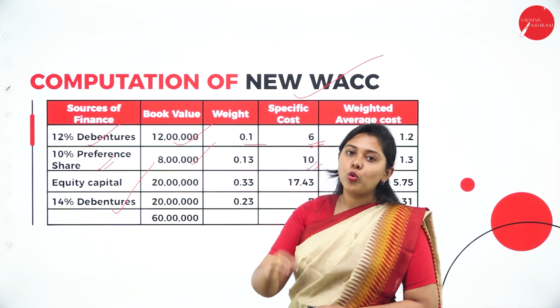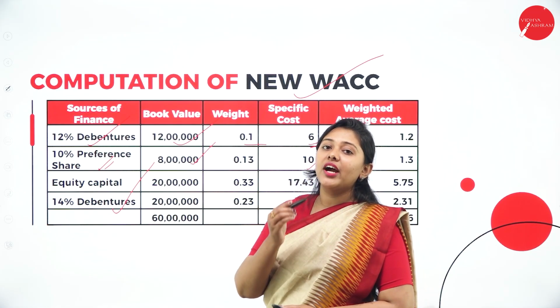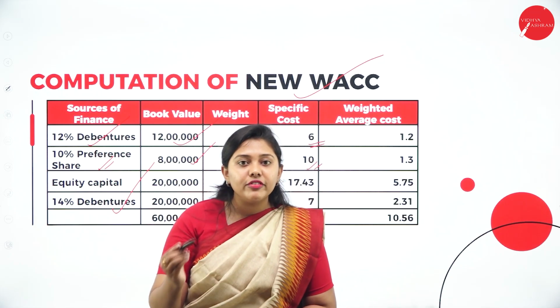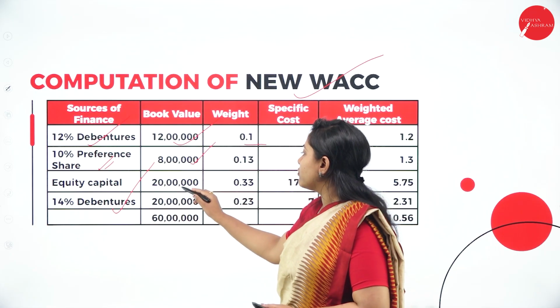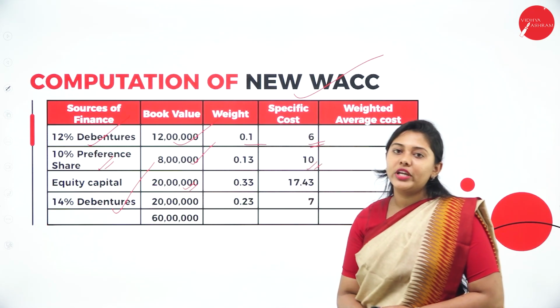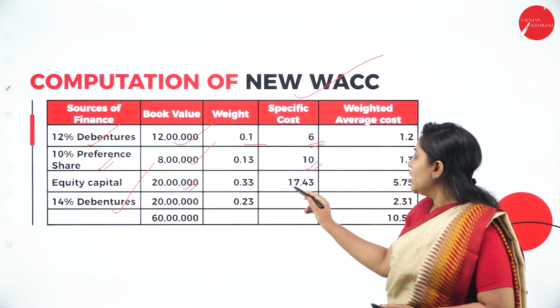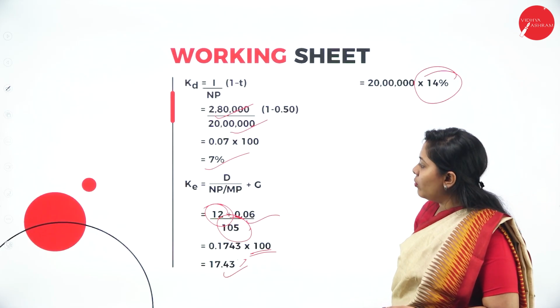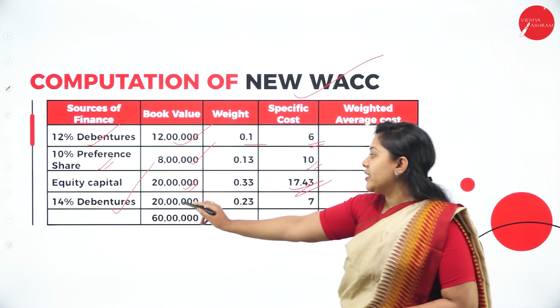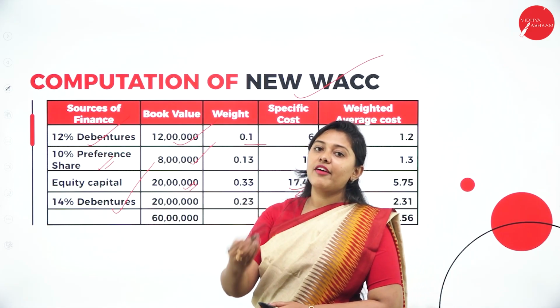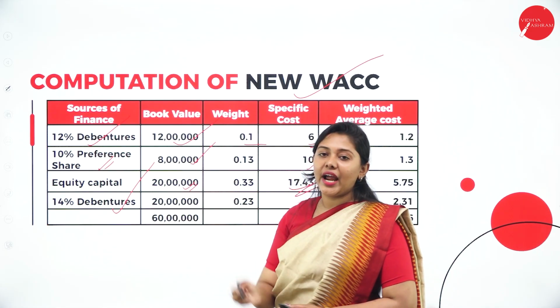Equity capital book value remains same because we are only changing the dividend and the market price, not the book value of the equity share. So book value of equity capital remains the same. What we have calculated now, that equity percentage we are taking here, and the additional debenture that we have taken, 20 lakh, we are adding to that.